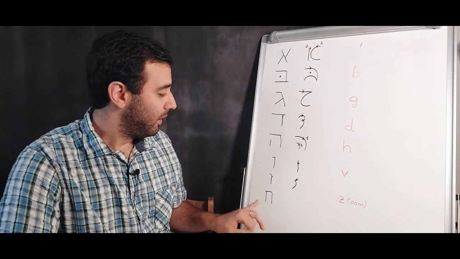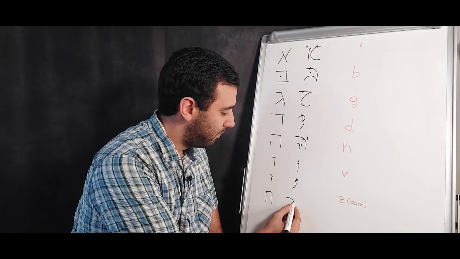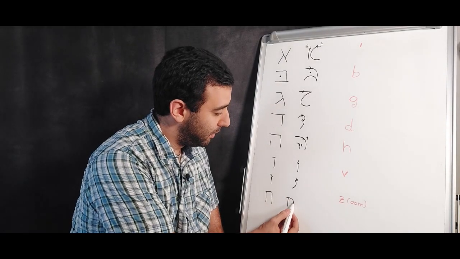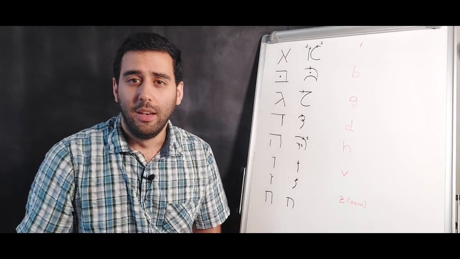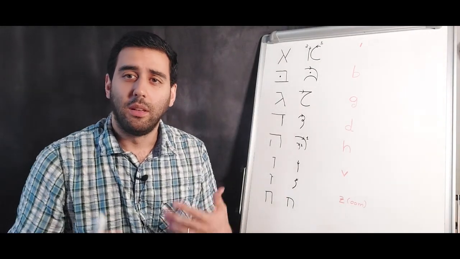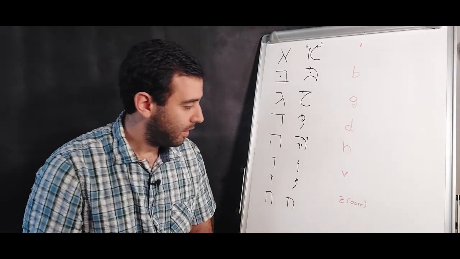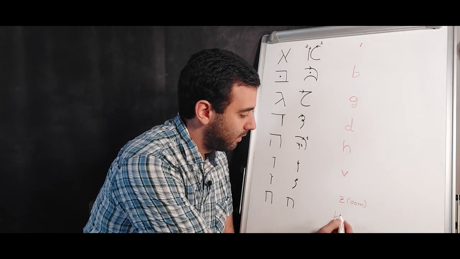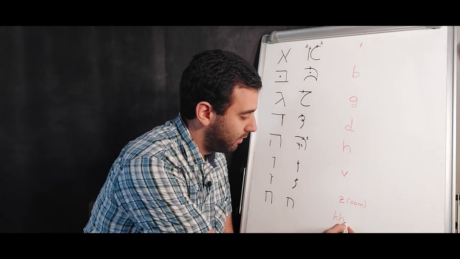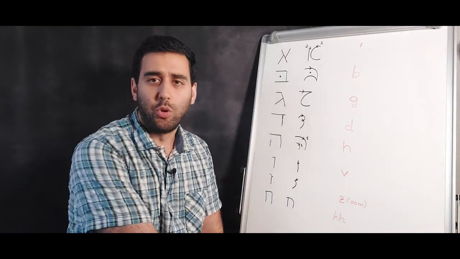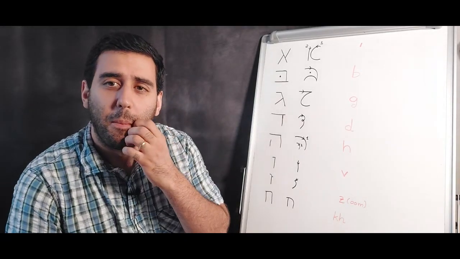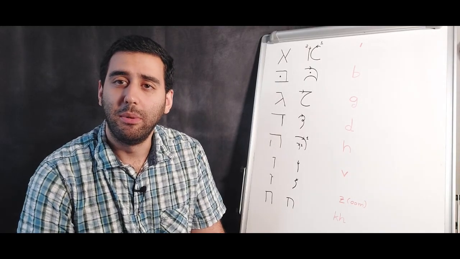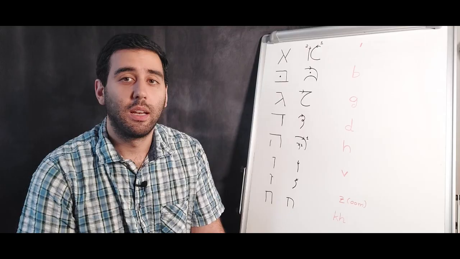Okay, so chet. In writing form, it's very similar. We just have this bigger curve. Chet. And when I write it in the English language, I will use KH. Maybe you know this word from the word Tanakh. This is the Old Testament of the Bible, Tanakh, or maybe Chanukah.